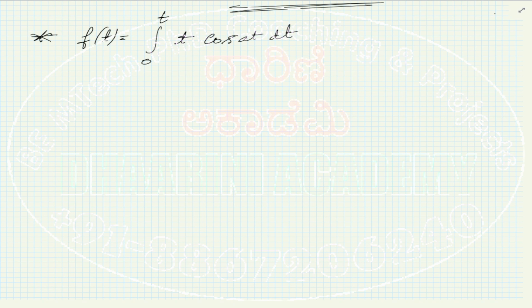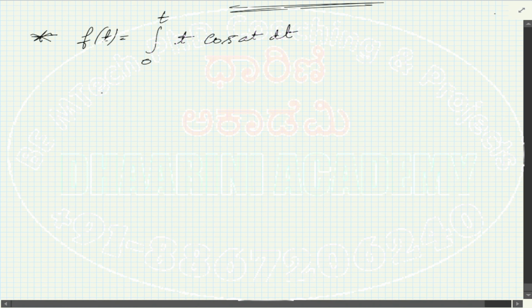So we know that, I'll start with the t cos at, right? We already have proved something, that is, if you have a function and you know its Laplace, already we have proved this in the previous section, that is s square minus a square whole divided by s square plus a square the whole square.